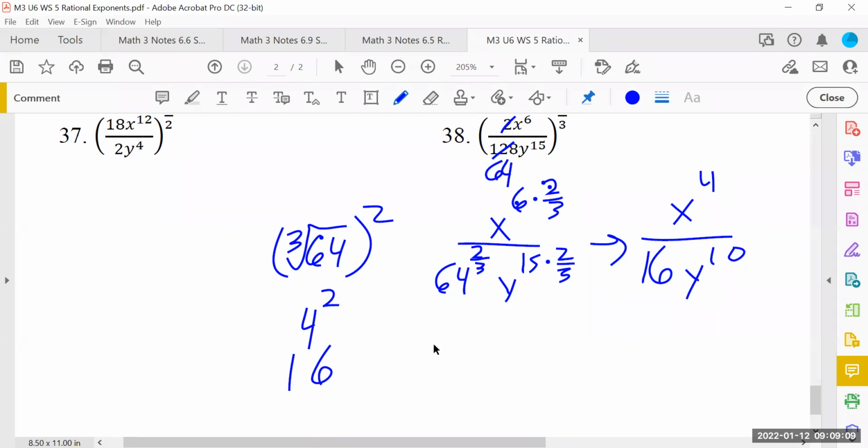You could do 2 to the 6th power to the 2/3. That way, when you multiply 6 times 2/3, you get 4. 6 times 2 would be 12. 12 divided by 3 would be 4. And if you get 2 to the 4th power, that is 16. 2 times 2 times 2 times 2.